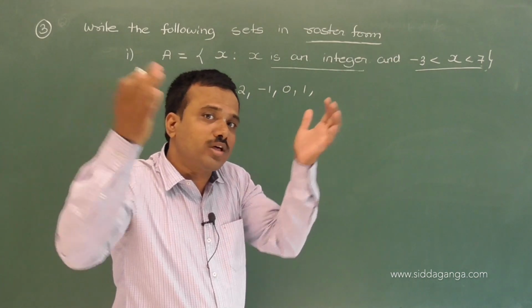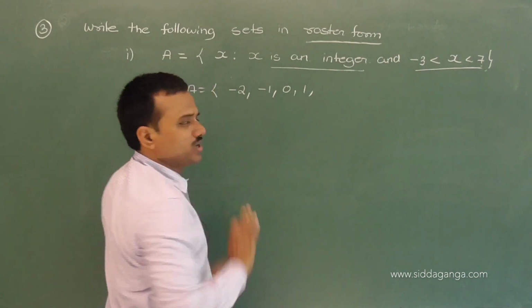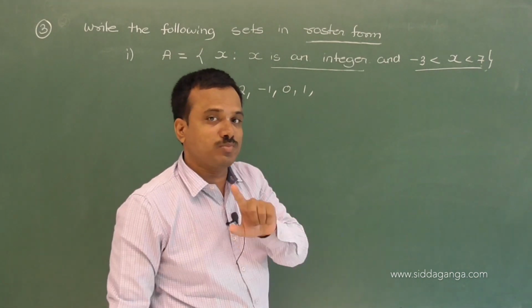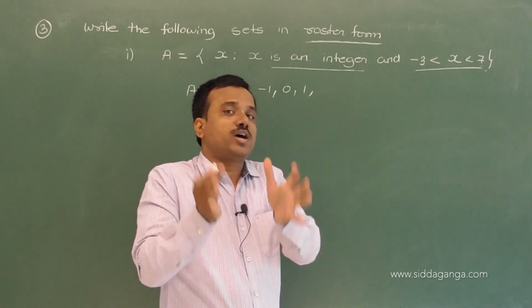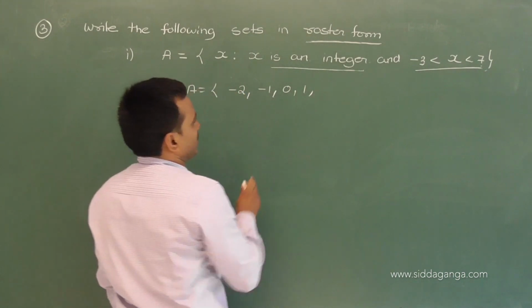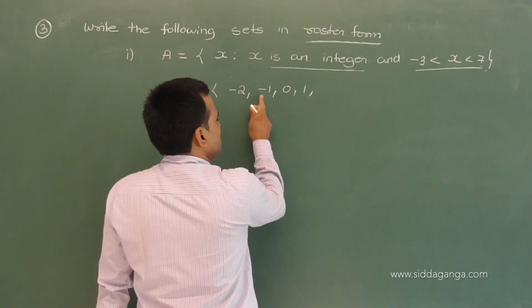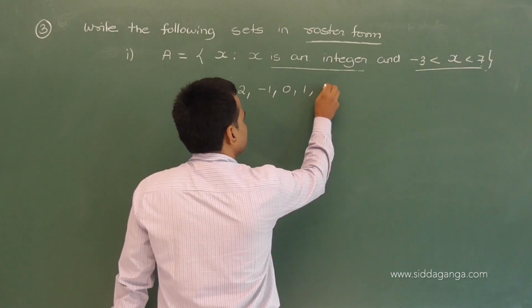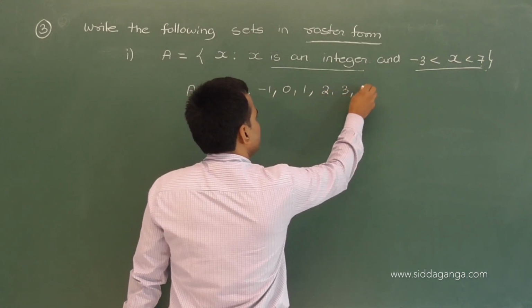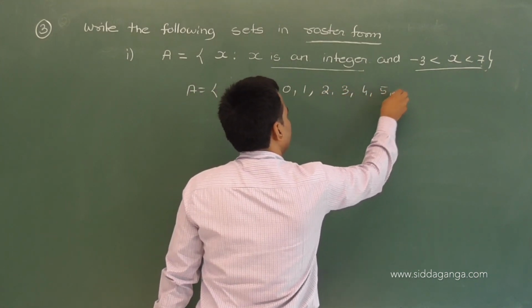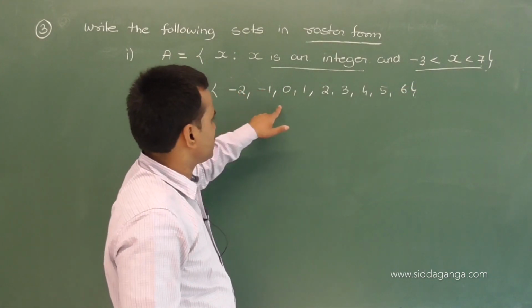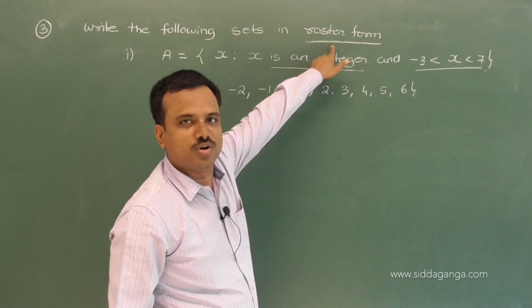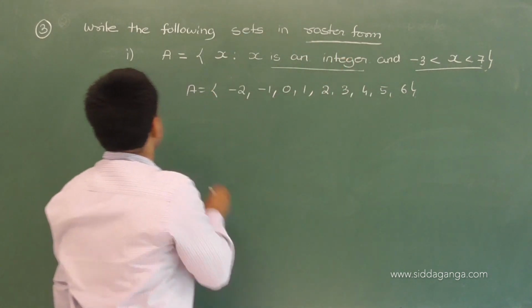We write all the elements within a pair of curly brackets, what I explained in the previous class. So -2 is over, then -1, 0, 1, 2, 3, 4, 5, 6. Yes, this is nothing but roster form. Understand?